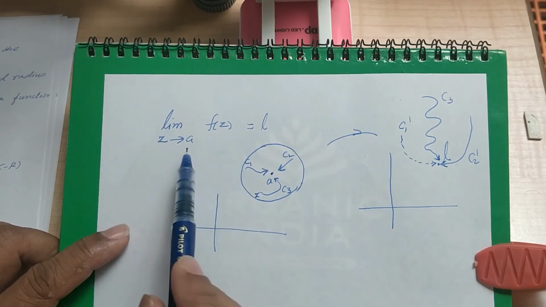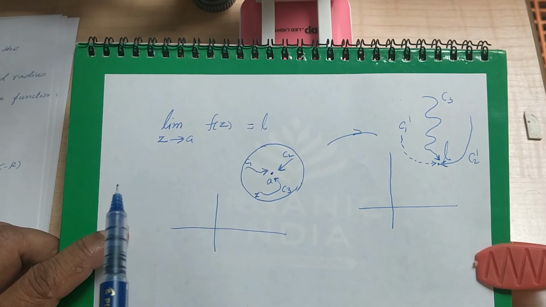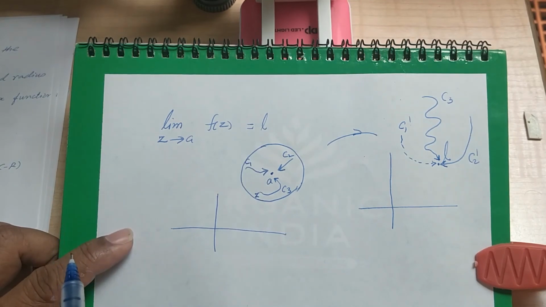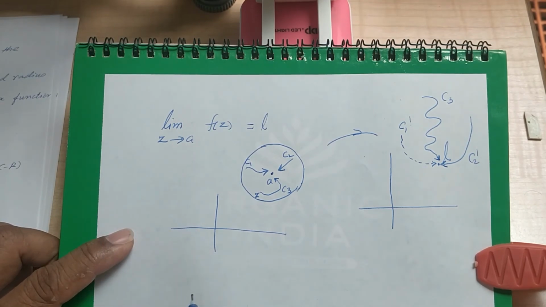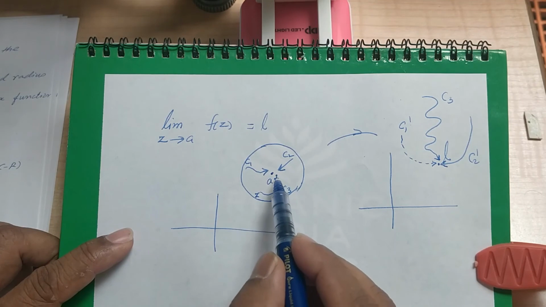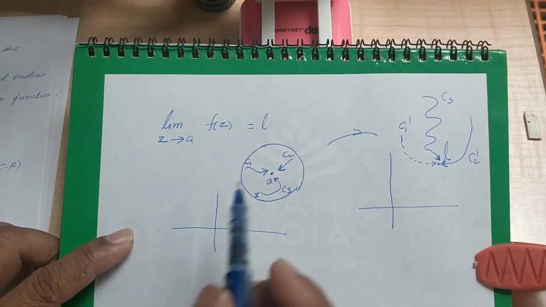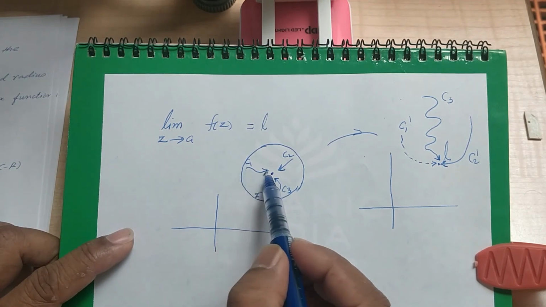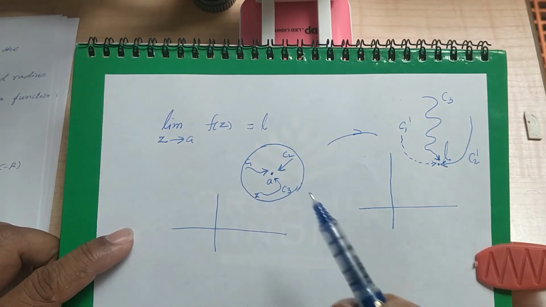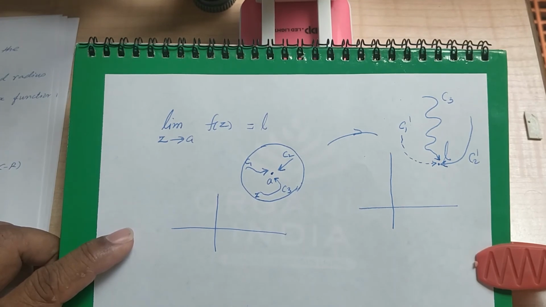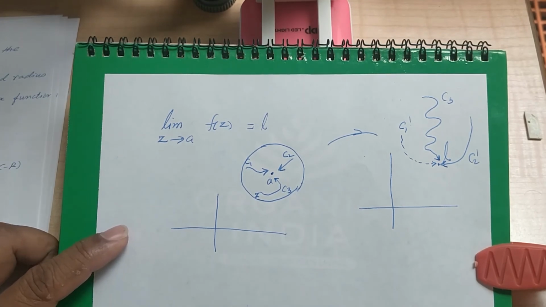When you write the limit as z tends to a of f(z) is L, what you mean is that as z approaches a, and now in the complex plane you have infinitely many ways of approaching this point a. You could be approaching a along this curve C1, or along this curve C2, or along this curve C3, or through any other path.